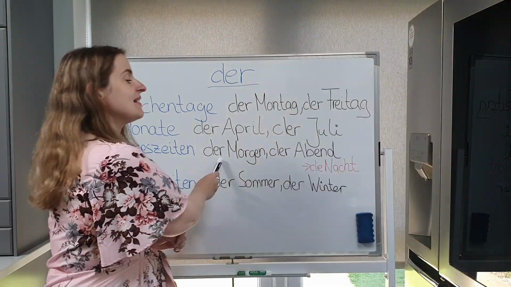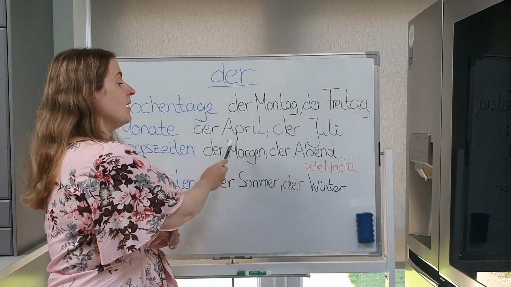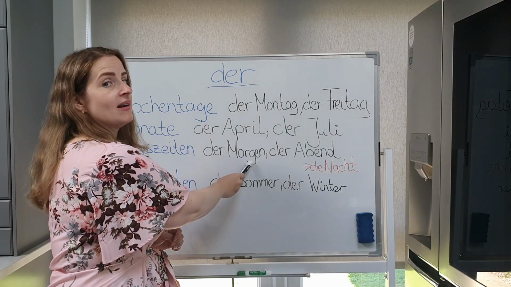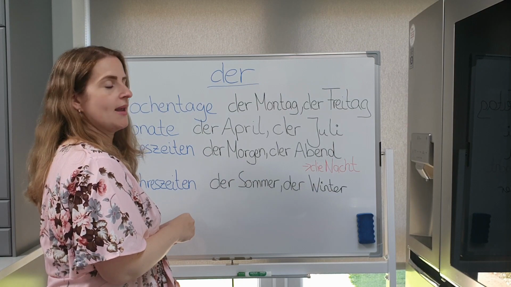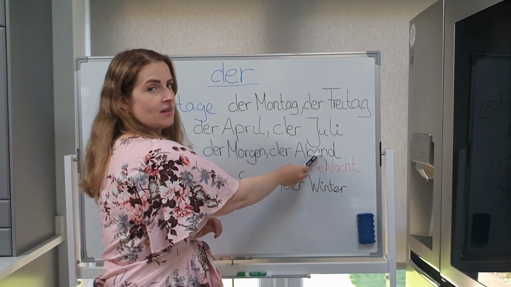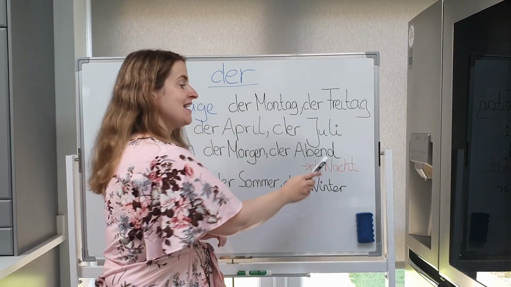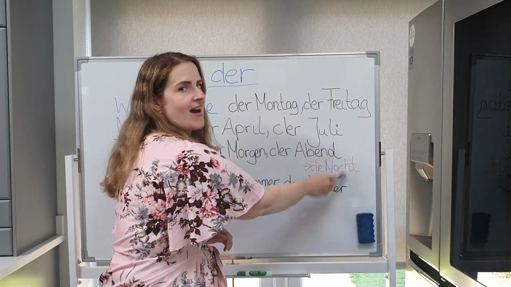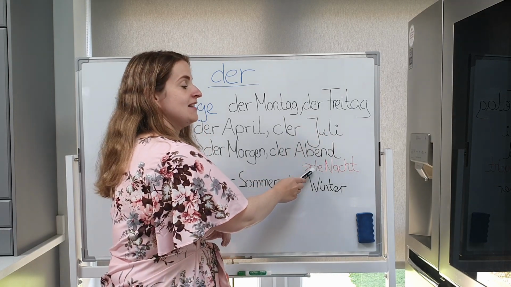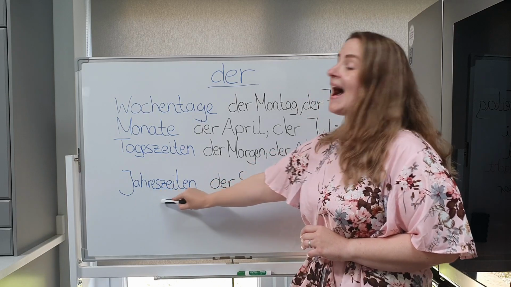We would say der Morgen. Der Morgen, which is the morning. Der Abend, the evening. But guys, watch out. It is called die Nacht. Die Nacht. Now a little exception on this one.